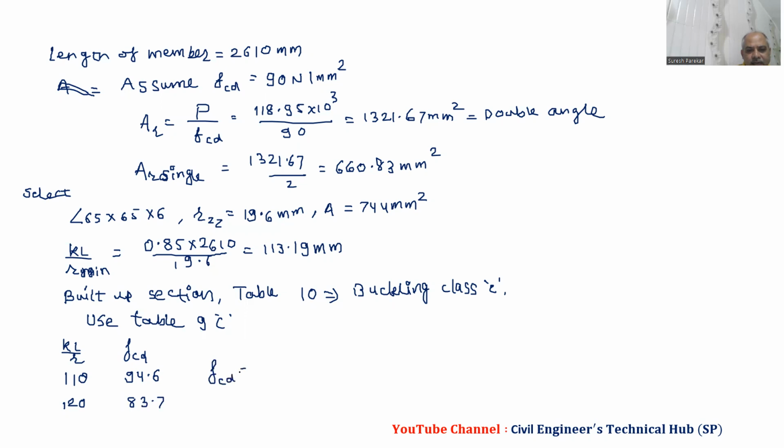From this we will get FCD equal to 94.6 minus 83.7 upon 10 into, as the base we have taken 110, 113.19 minus 110. We have the FCD value 90.35 Newton per mm square. Knowing this value, calculate the value of PD. So we have PD equal to AE into FCD.